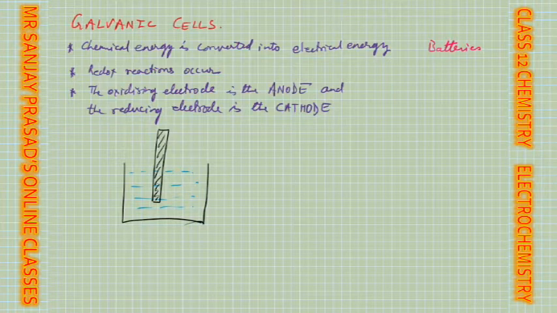Clear? So how are we selecting these two things? Suppose for example, if I take a zinc rod, then the solution must contain zinc ion.